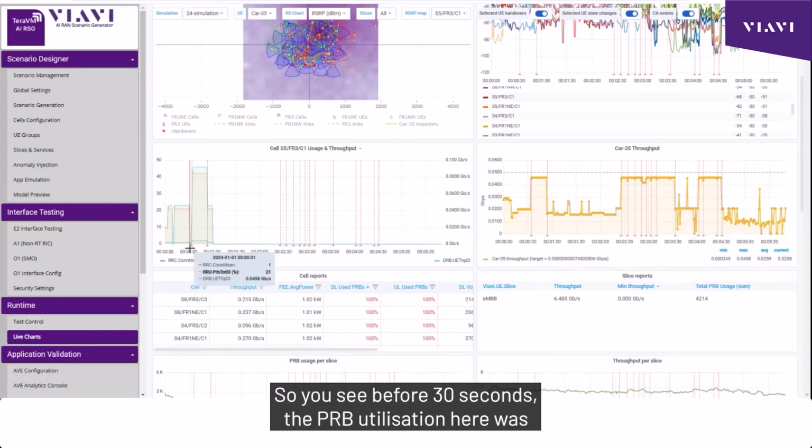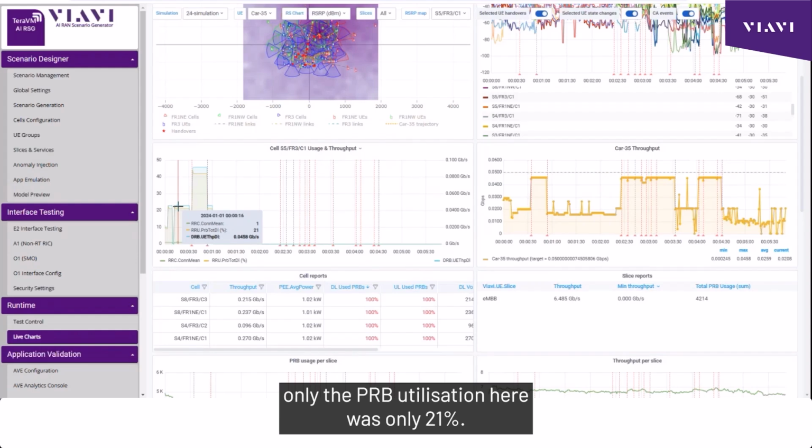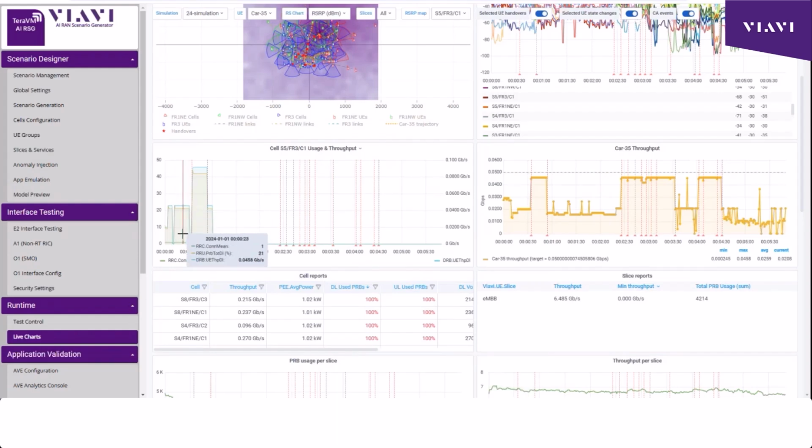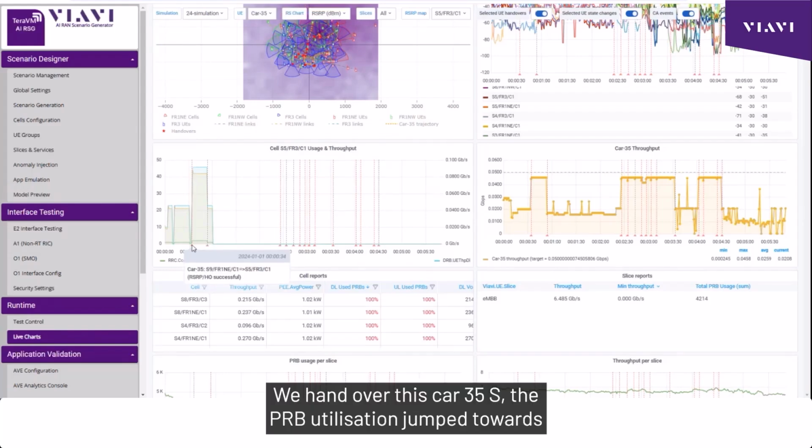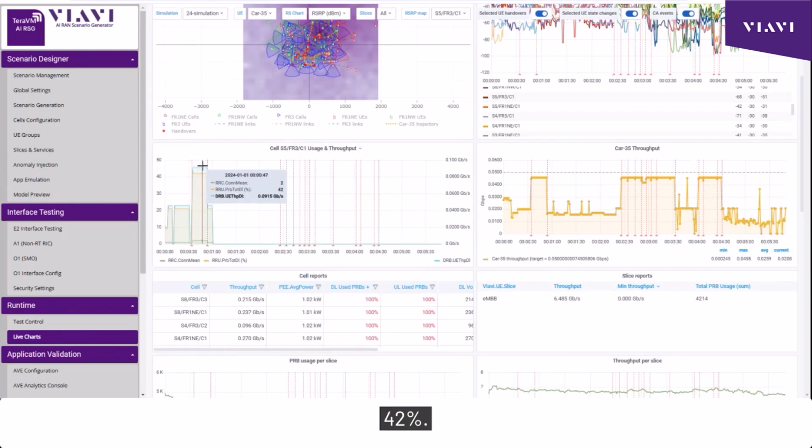So you see before 30 seconds, the PRB utilization here was only 21%. And then the handover happened. We handed over this car 35. So the PRB utilization jumped towards 42%.